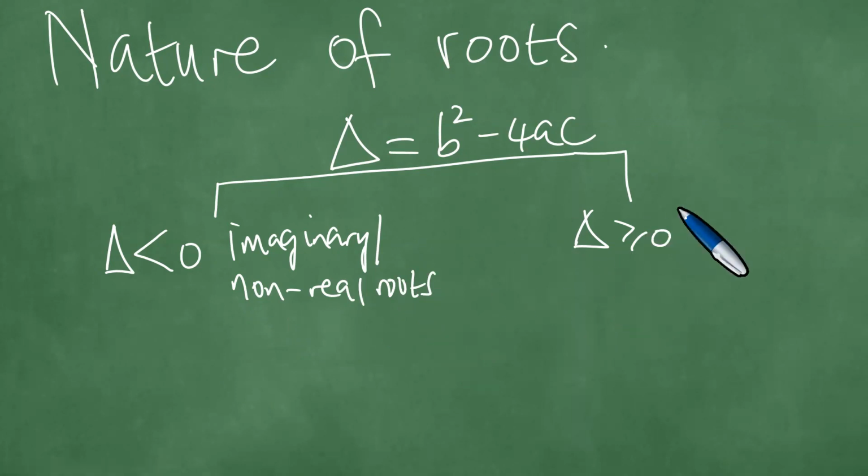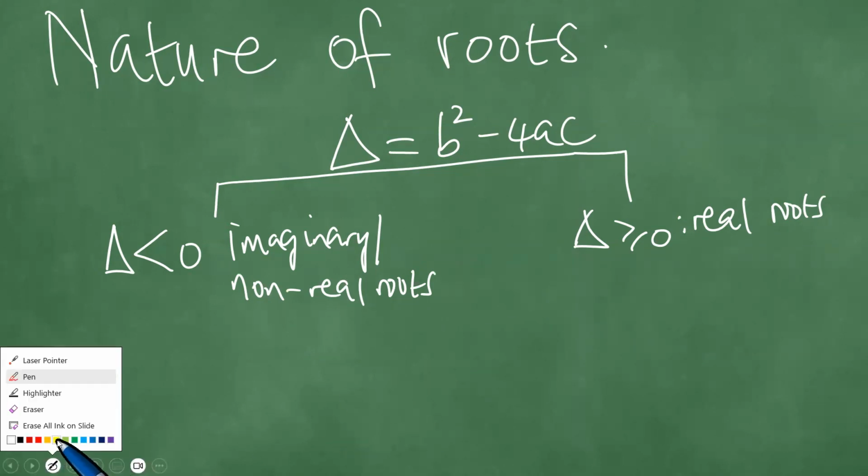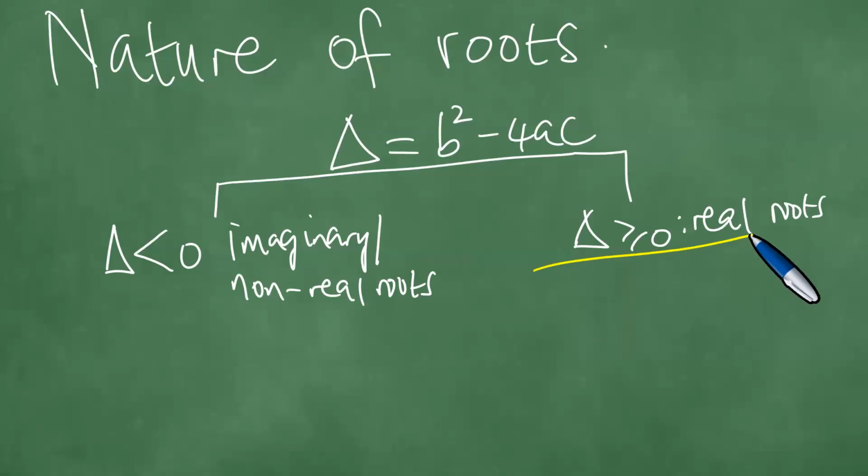If delta is greater or equal to 0, the roots are real roots, and you have two cases: delta greater than 0, and the delta can be equal to 0.